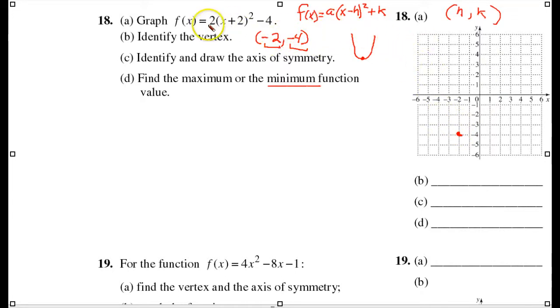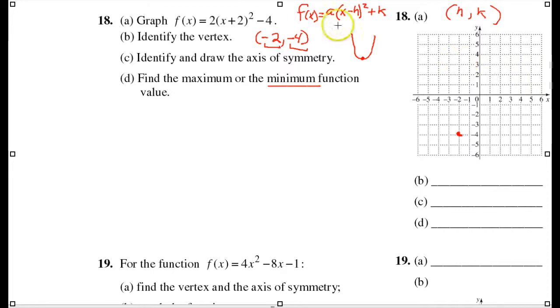Now, because we have a 2 there, this is going to be more narrow than if there wasn't a 2 there. Remember, as this number is just a 1, it's a certain width to our parabola. As these become fractions, it broadens, it widens out. And then as it becomes whole numbers here and they increase, it gets closer to your axis of symmetry.